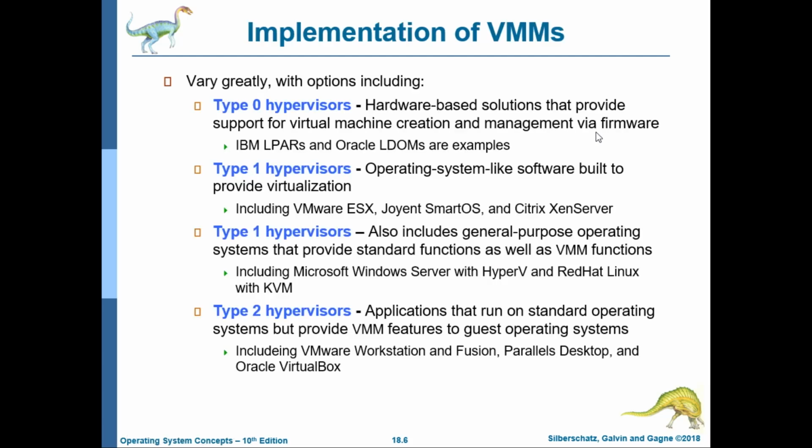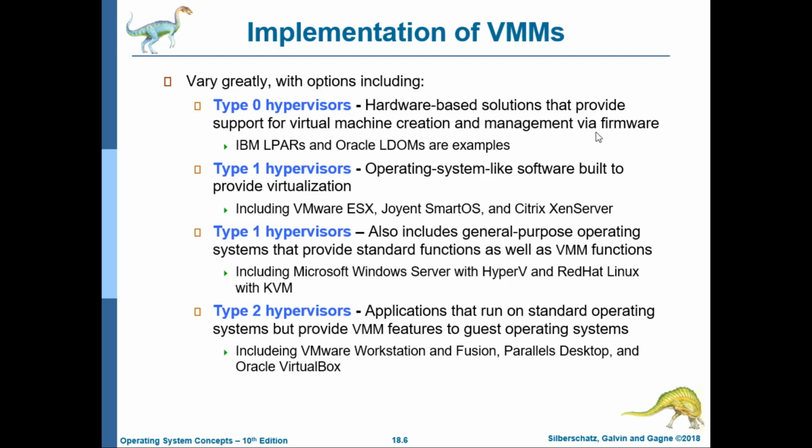So, implementations of virtual machine managers. It varies greatly with options. We actually have three types of hypervisors or virtual machine managers. First, we have type 0. It is a hardware-based solution that provides support for virtual machine creation and management via firmware. Examples of Type 0 hypervisors are IBM LPARs and Oracle LDOMs.